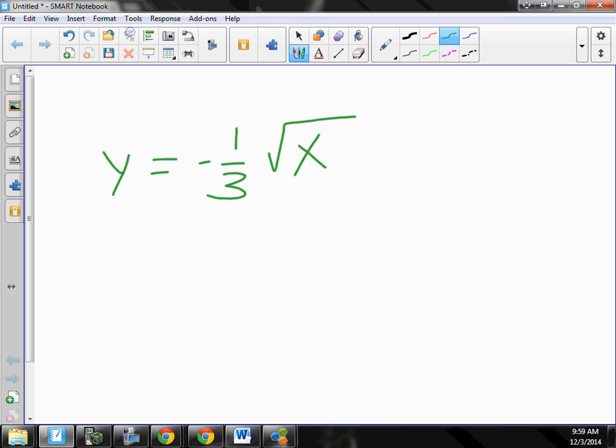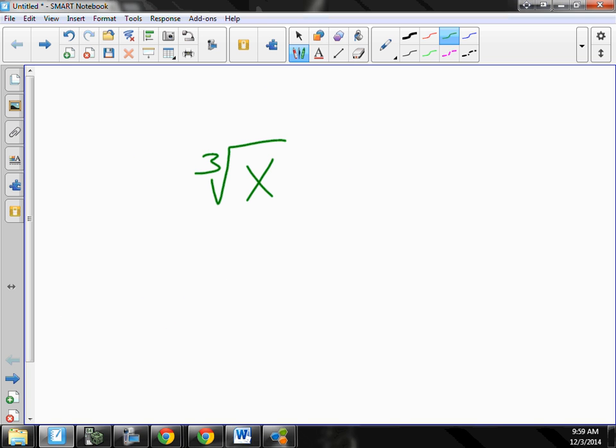Okay, what about cubed roots? Is there any number I'm not allowed to plug in? I can do positive numbers, I can do negative numbers, I can do 0. So the domain of a cubed root is all real numbers. Well, if the domain of a cubed root is all real numbers, what is the range of a cubed root?